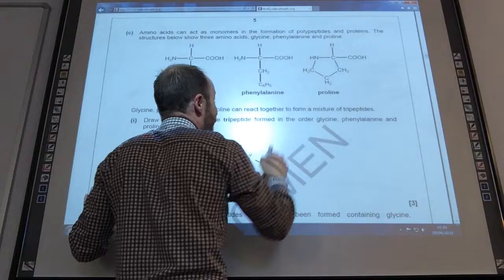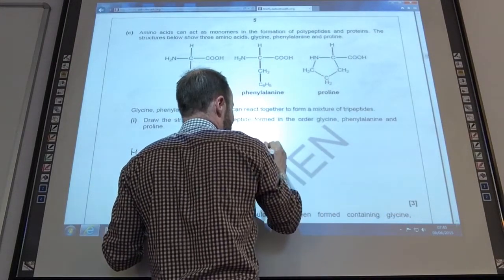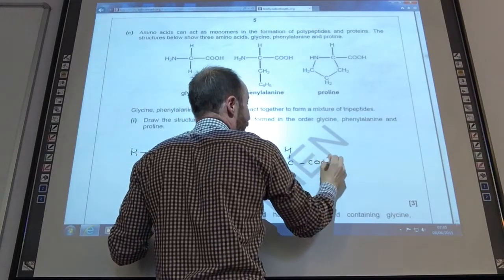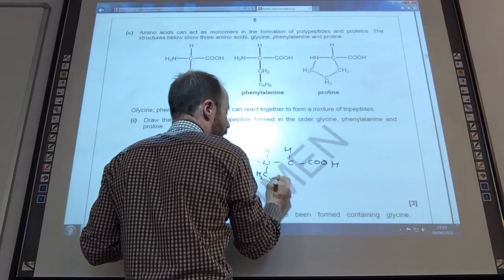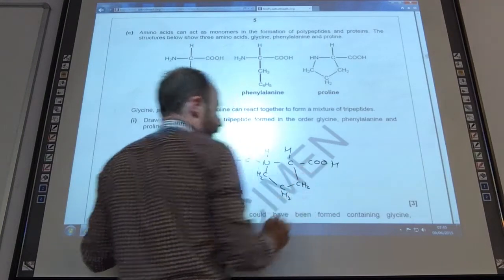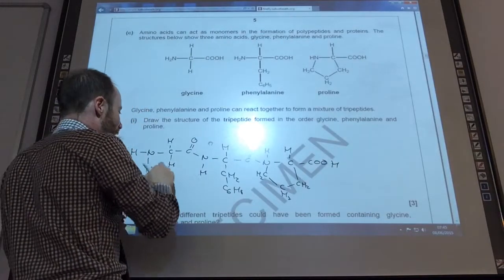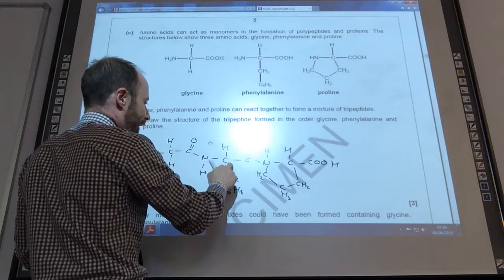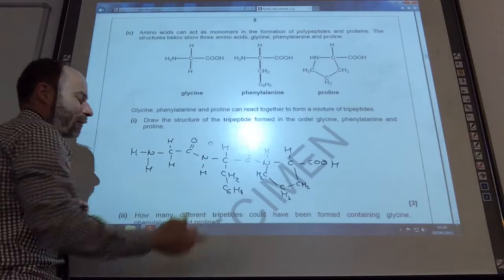C double bond O, and again, that O there becomes that N there, so that's going to be NH, CH, COOH, and then you've just got to link those two around like so. So it looks like that. Try not to let it freak you out, just follow. It's going to be NCCN, NCCN. You get the point.